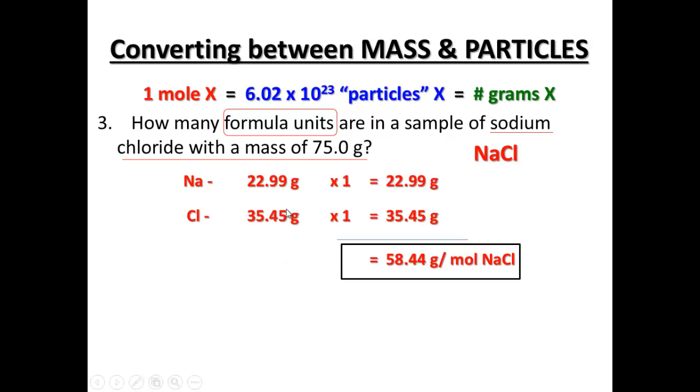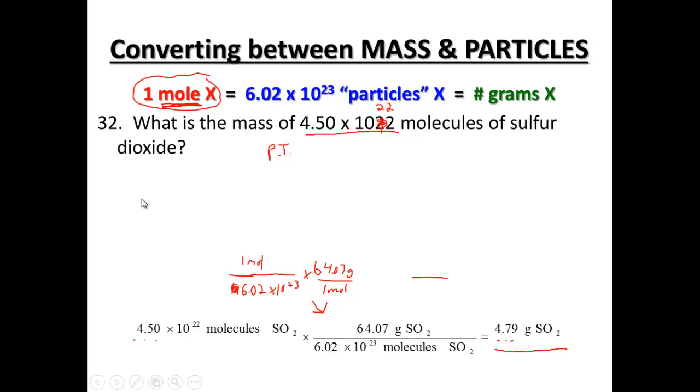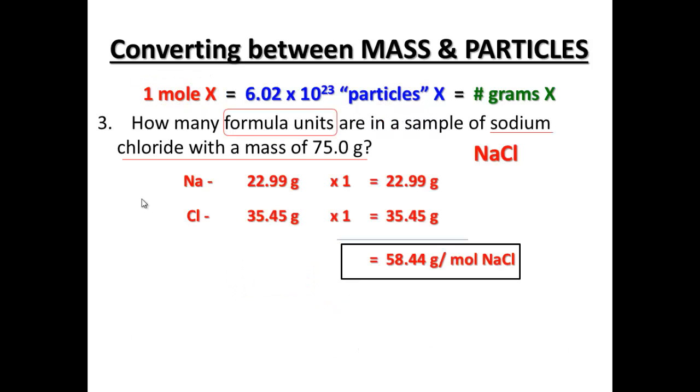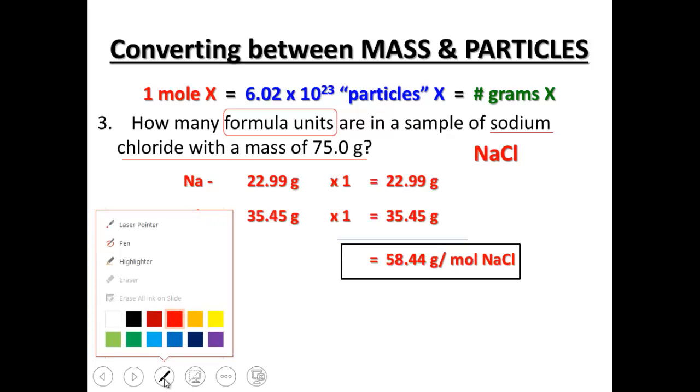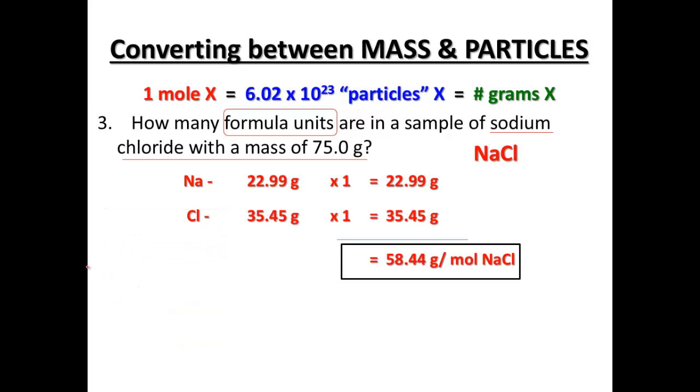So what we're going to do is start with our known amount, and our known amount is 75 grams of NaCl. Now to go from grams of NaCl, 58.44 grams of NaCl over 1 mole of NaCl.